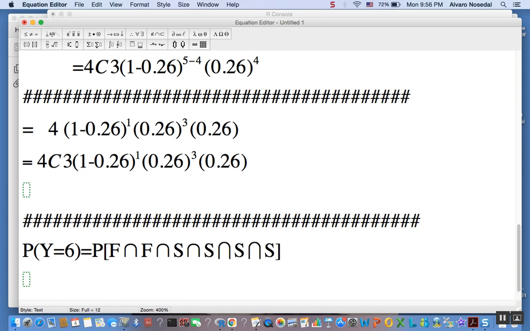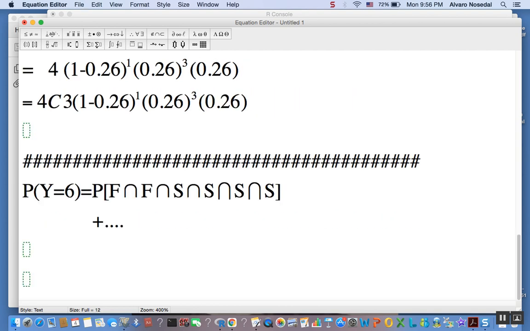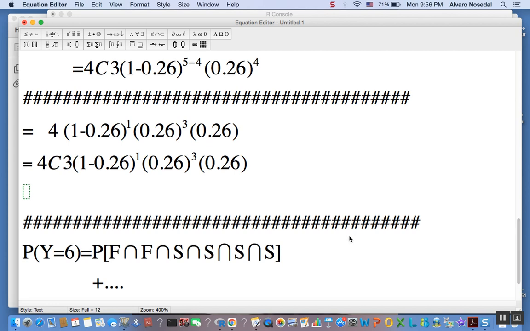We know that there are different ways for that to happen, but now we're not going to write those sequences explicitly, because they would be too many. So let's try and use our observation here. If it's going to take us 6 trials to observe our first 4 successes, just like before, the last one must be a success.